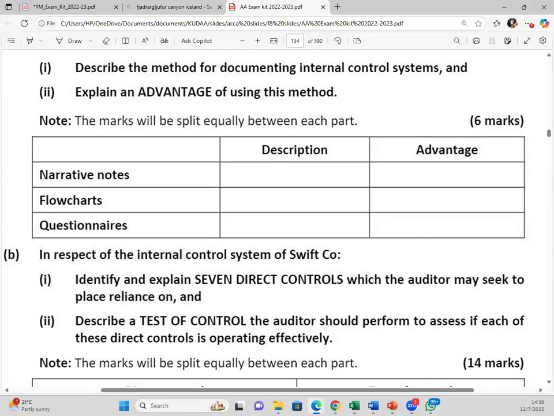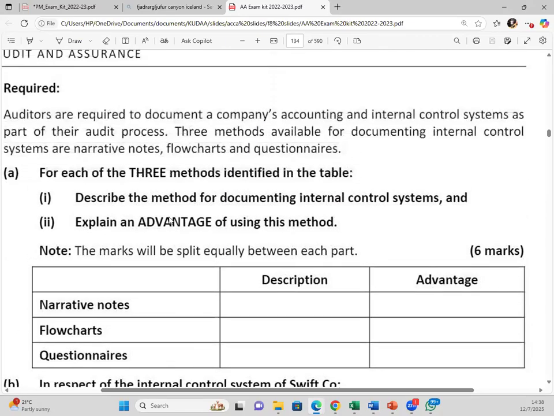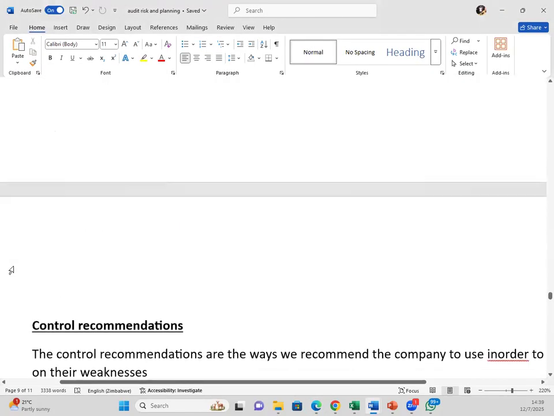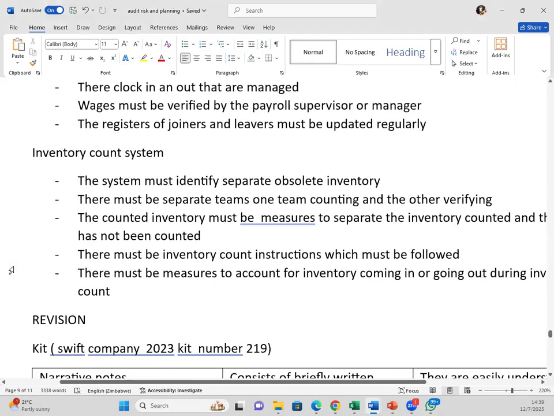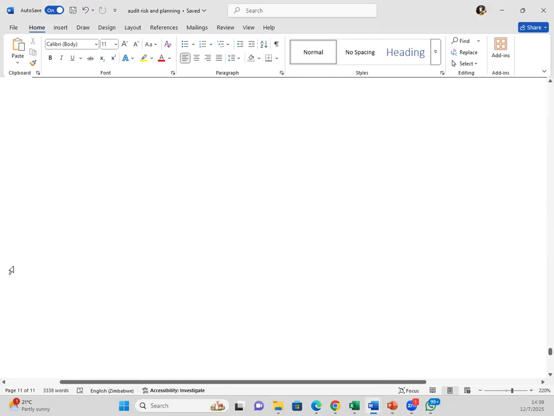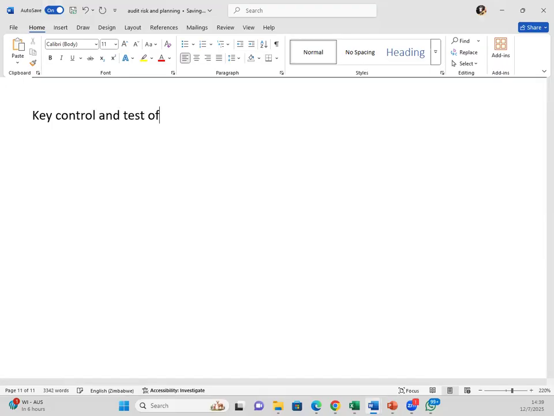So the question 1.7, I want us to just pick 3 for now. The question is saying 7. We need the key control and the test of control.